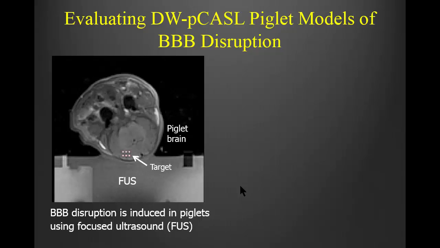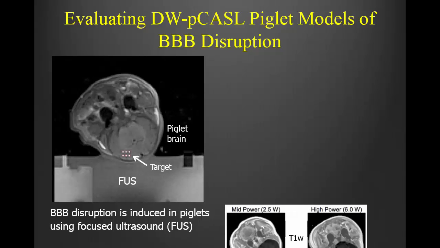We're also starting animal validation using a piglet model of BBB disruption with a technology called focused ultrasound. This was done by my colleague, Keith Lawrence. This shows you the piglet brain and the focused ultrasound with the conducting medium.